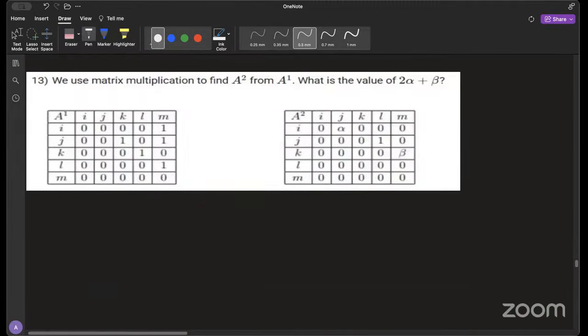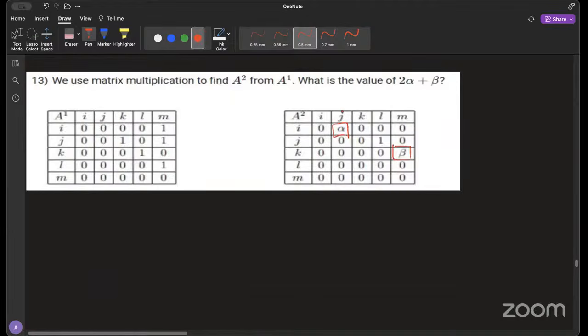This one is the next question. You have to use matrix multiplication to find A square from A1. This is A1, this is A square, and you have to find the value of 2 alpha beta. So to find the value of this expression, you need the value of this entry alpha and this entry beta.